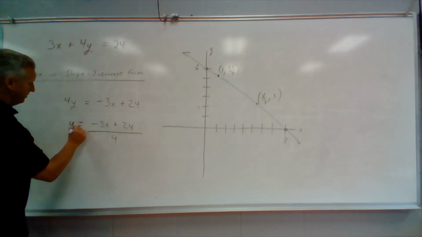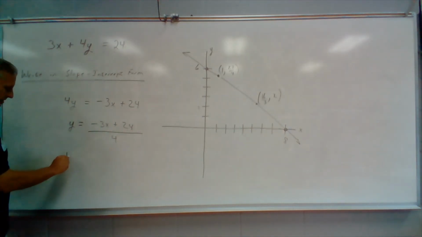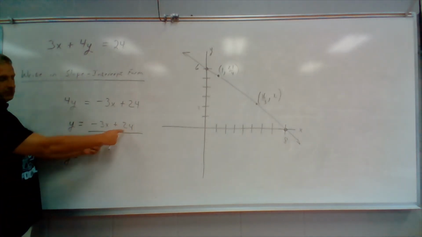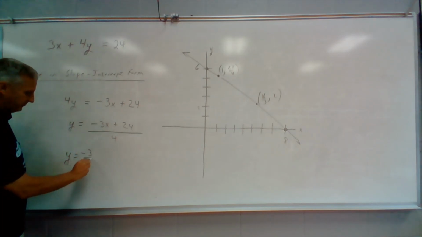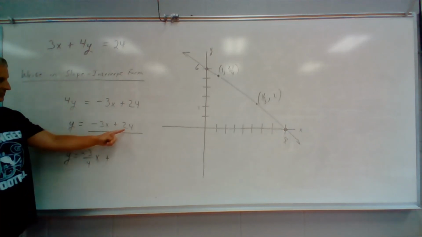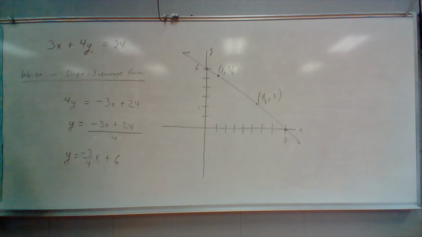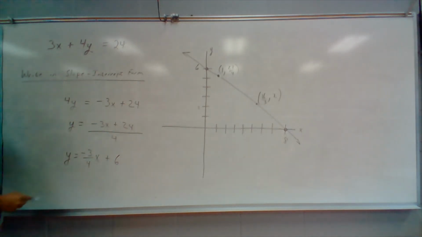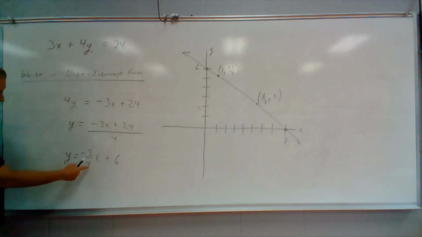You have to divide this whole entire side by 4. This 4 goes with both of those terms. So I will have negative 3/4 x plus 24 divided by 4 is 6. So now you can find your y-intercept is 6 and your slope is negative 3/4.